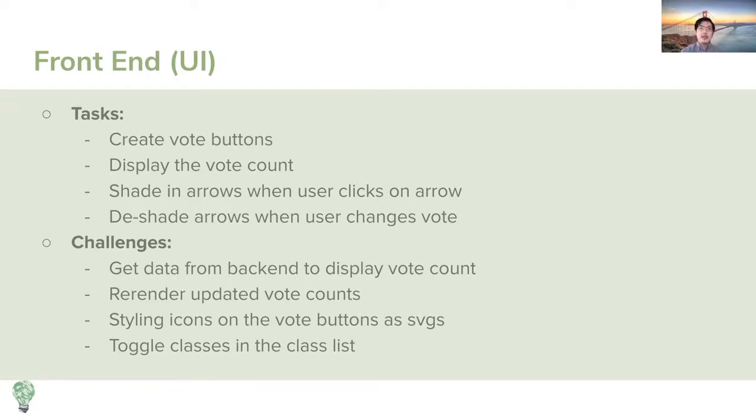Some challenges that they faced was getting data from the backend to display the vote count correctly. This also was re-rendering updated vote counts after the user had voted. There's also some issues with styling the icons that we used in each of the replies as SVGs and toggling classes in the class list.